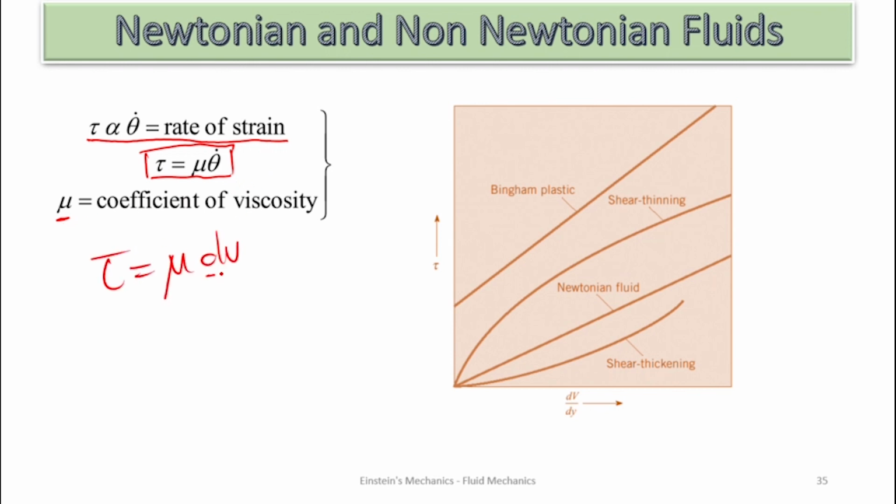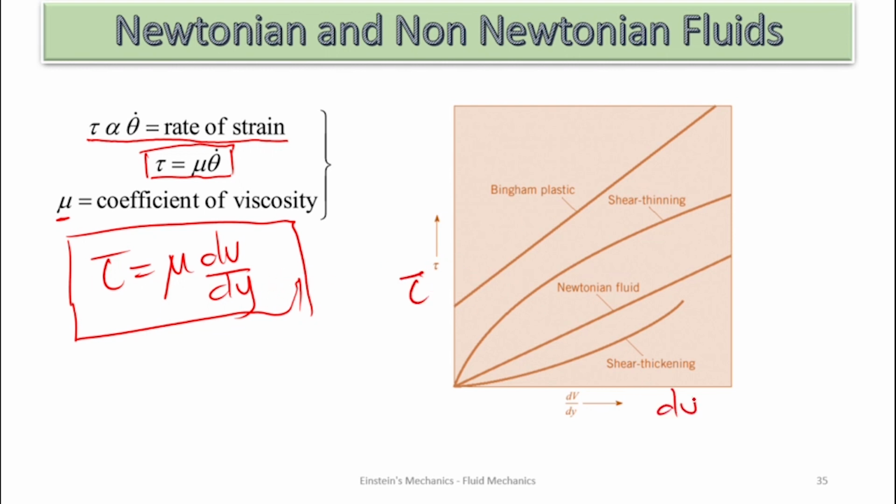Newtonian fluids obey this formula, and non-Newtonian fluids will violate it. From the diagram, here is the shear, this is the strain, dV over dy, and this is the Newtonian fluid graph. It is linear. As you increase the shear stress, the strain will also increase, directly proportional.